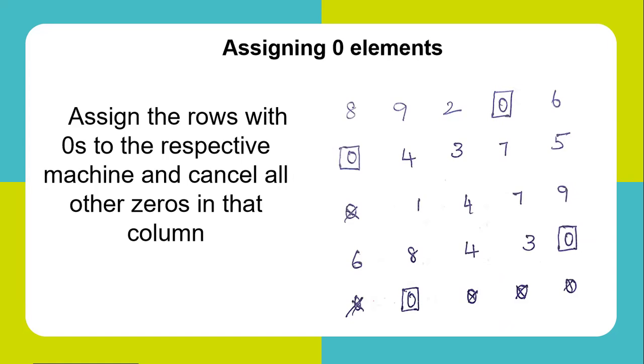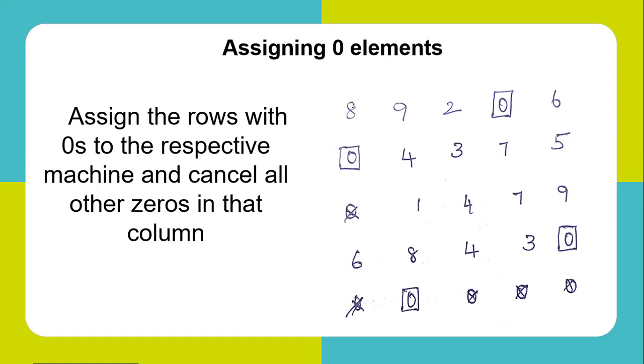So we assign that in the first column and strike out the remaining zeros in the same column. So the first row is over, the second row allocation is also over, and the zeros in the first column have been struck out.